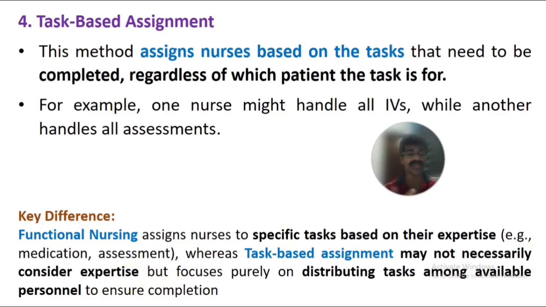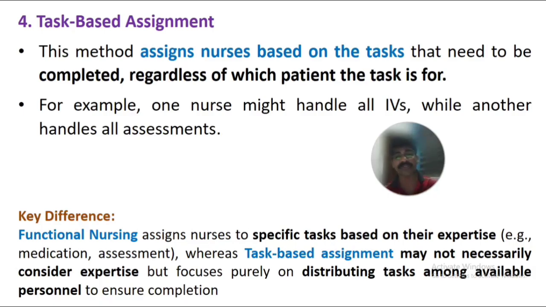In this patient care assignment, the head nurse or in-charge may not bother whether that staff has expertise in that specific task, but she focuses purely on distributing the task among the available persons.